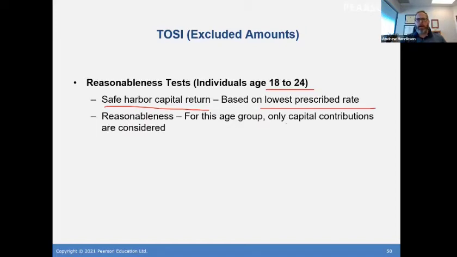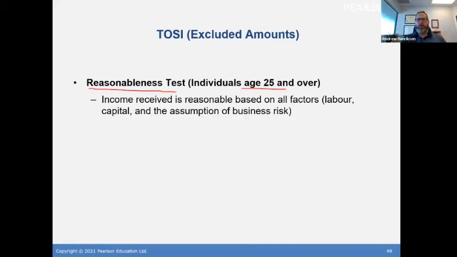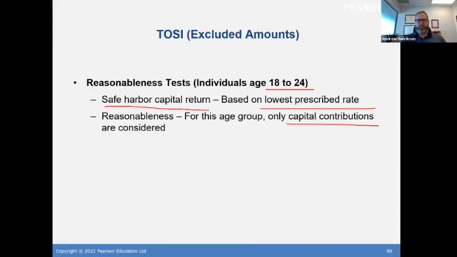So only capital contributions are considered, actual money you put in. So for 18 to 24, you can't use labor or assumption of business risk. It's only capital. So you can get a reasonable return on your capital, that's it.